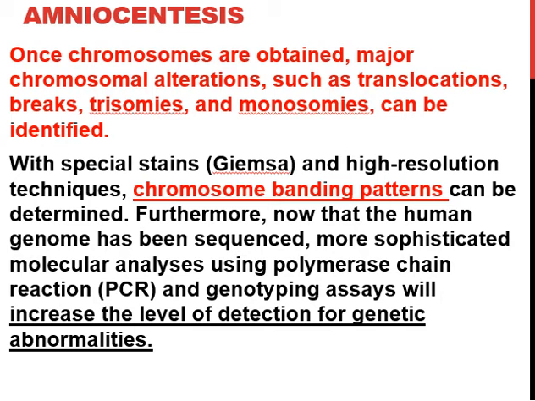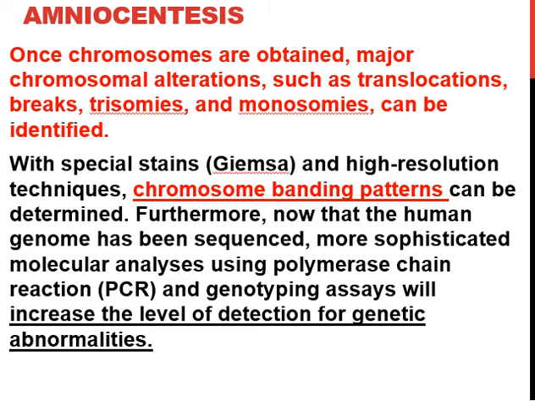With special stains and high resolution techniques, chromosome banding pattern can be determined. Furthermore, now that the human genome has been sequenced, more sophisticated molecular analysis using polymerase chain reaction and genotyping assays will increase the level of detection for genetic abnormalities.